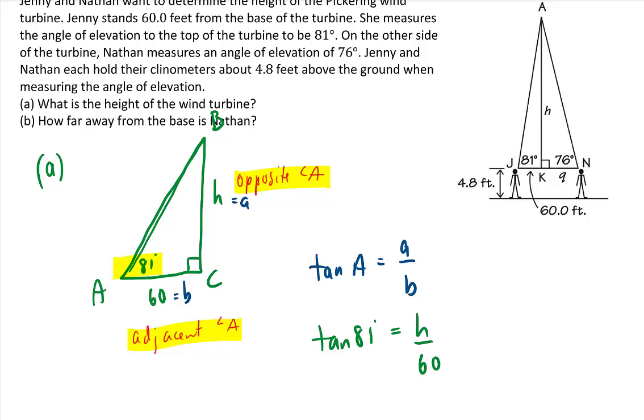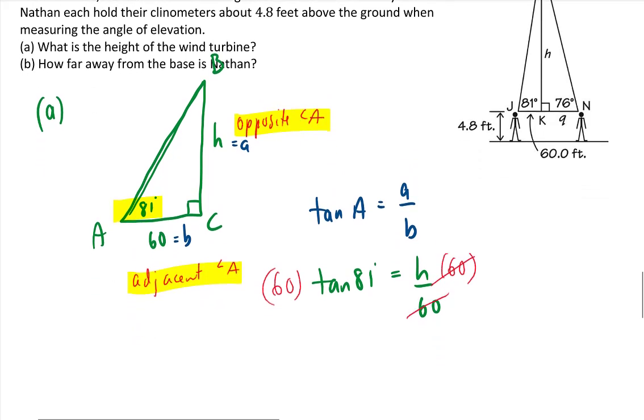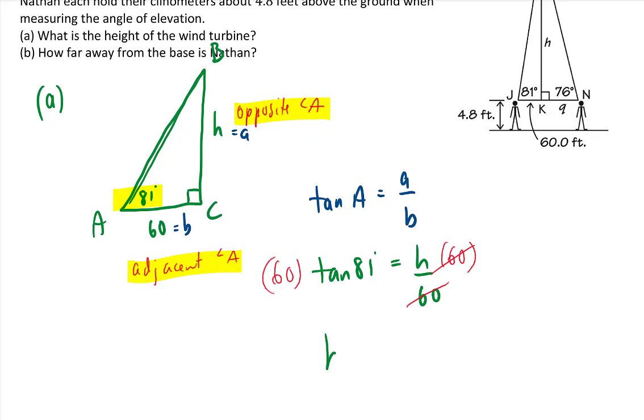Since the right side says H divided by 60, the opposite operation is to multiply both sides by 60, so we can get H by itself. And we end up with H is equal to 60 tan 81. And therefore, we get that the height of that triangle is approximately equal to 378.8 feet.